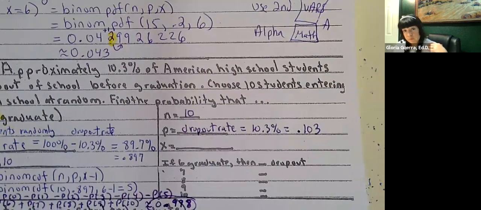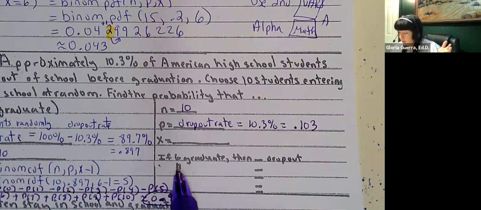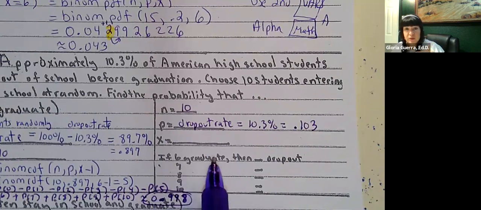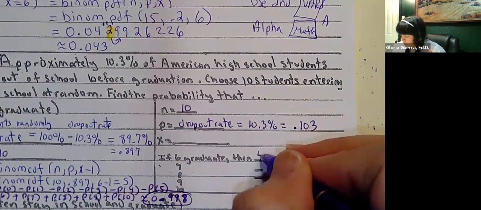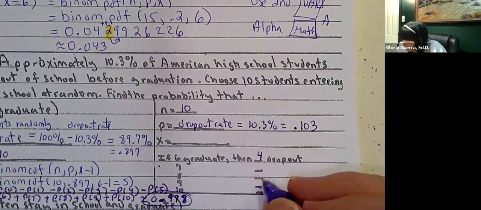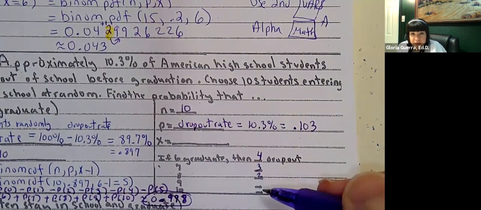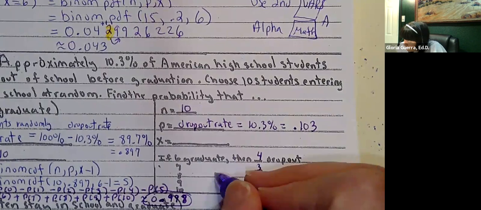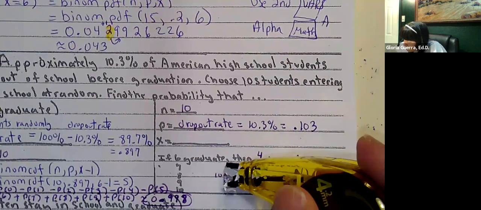And to help you with what X is, if you're focusing on the dropout rate, let's say that because it said at least 6 graduate, right? If 6 graduate, then how many dropouts do you have? Well, you would have 4 dropouts, because there's a total of 10 students. So 6 graduate, 4 drop out. If 7 graduate, then 3 drop out. If 8 graduate, 10 minus 8 is 2.